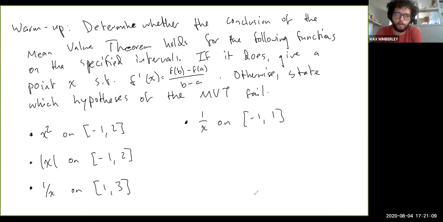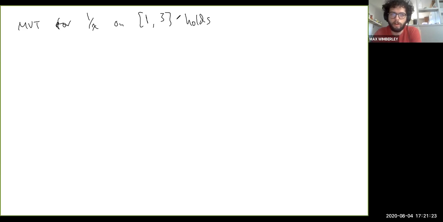So for this one, 1 over x on 1, 3. This should hold, right? Because 1 over x is continuous on this interval, and it's differentiable on the open interval 1, 3. So the mean value theorem should definitely hold.